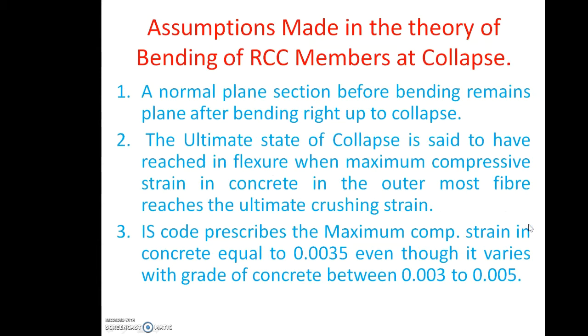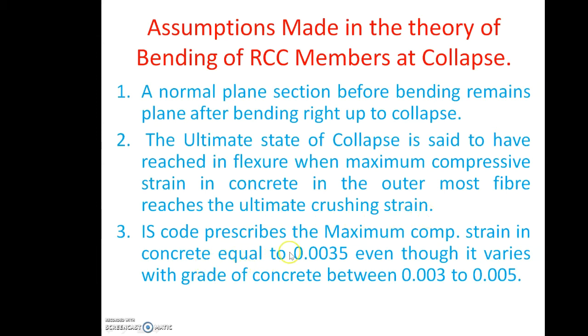These are the assumptions made in the theory of bending of RCC members for flexure. A normal section before bending remains plane after bending right up to collapse. The ultimate state of collapse is said to have been reached in flexure when the maximum compressive strain in concrete in the outermost fiber reaches its ultimate crushing strain.